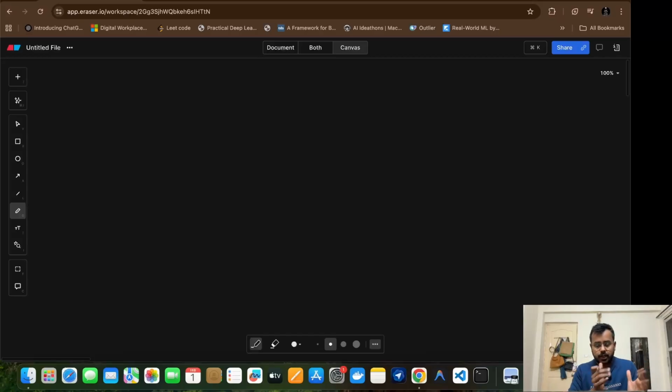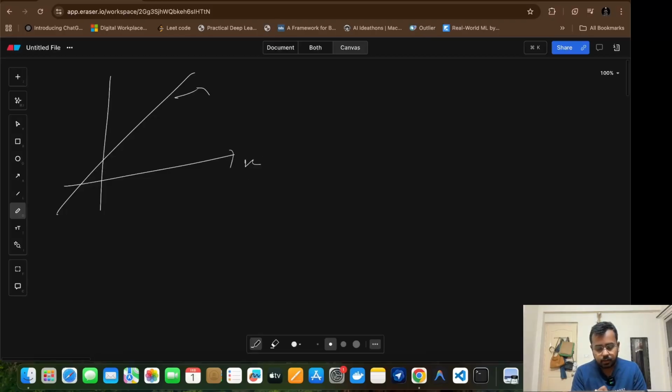Let's try to understand it from the perspective of a line only. Let's say this is a linear line, this is y, and this is x. The normal equation of the line is y = mx + c, where m is the slope of the line and c is the intercept.